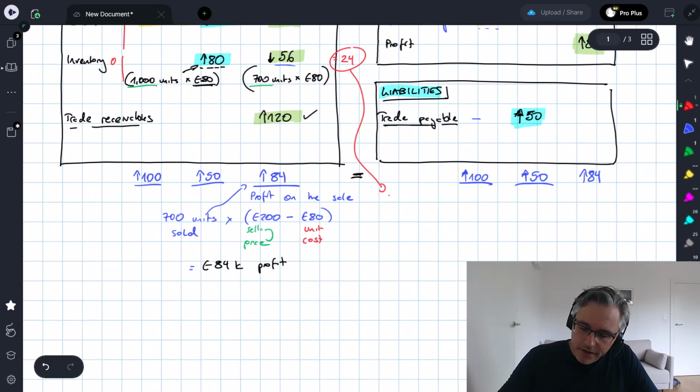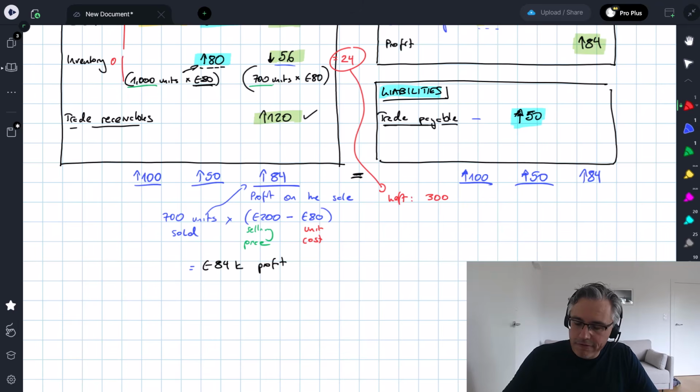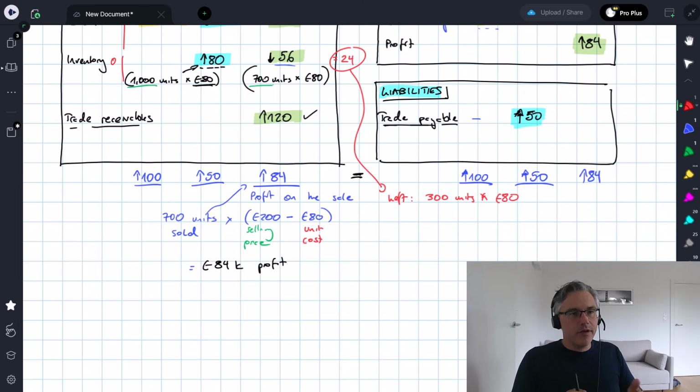So this reflects what's essentially left. Left in our warehouse are 300 units, accounted for at their entry price, the unit cost of 80. And if you do 300 units times 80, you get 24,000, don't you? At least you should.